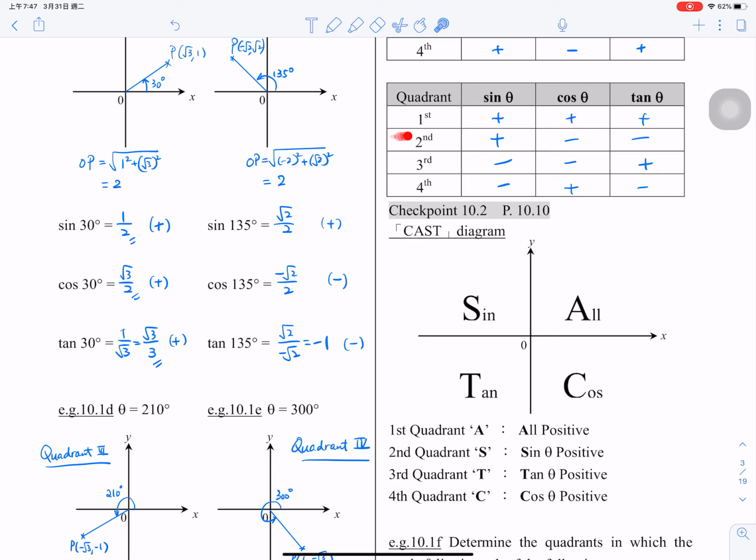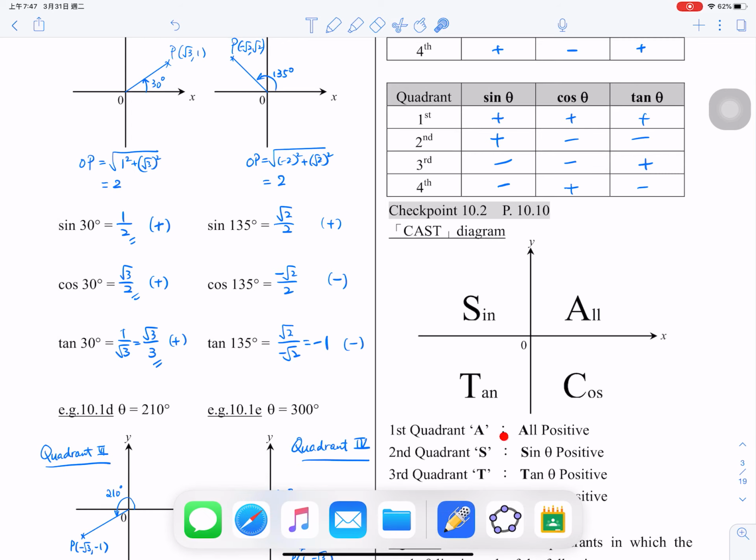For example, in quadrant 2, only sine is positive. In quadrant 3, only tangent is positive. In quadrant 4, only cosine is positive. Hope you understand this clearly.